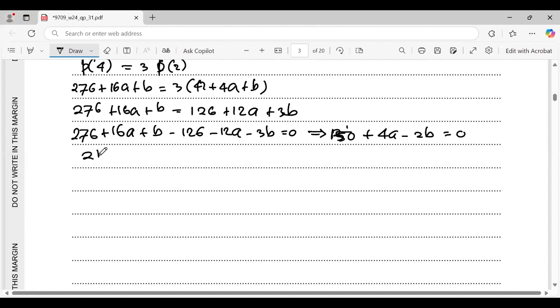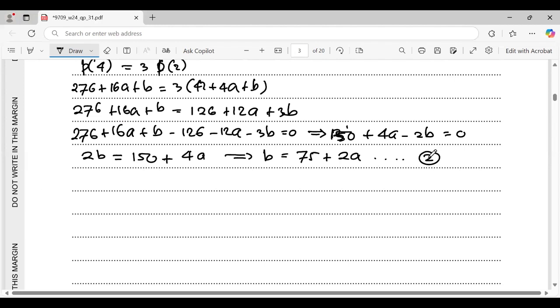Or it is 2b equals 150 plus 4a. So b equals 75 plus 2a. So this is the second equation.